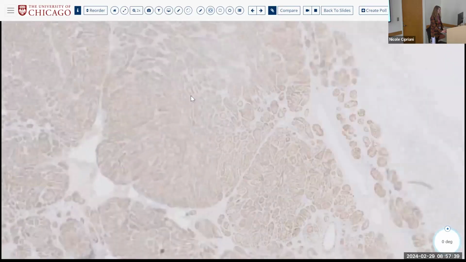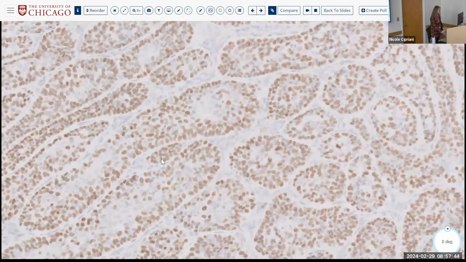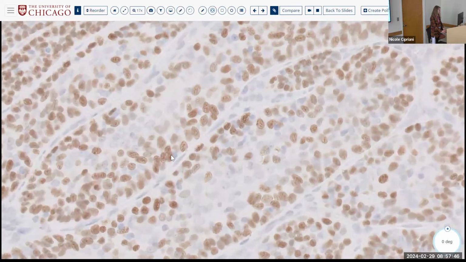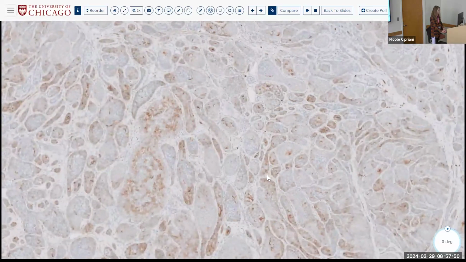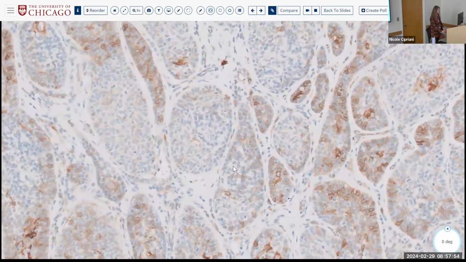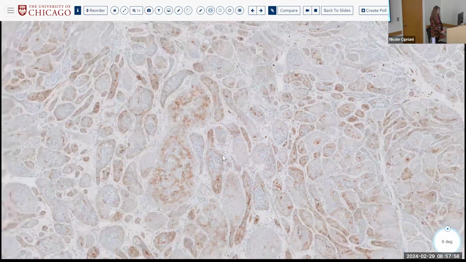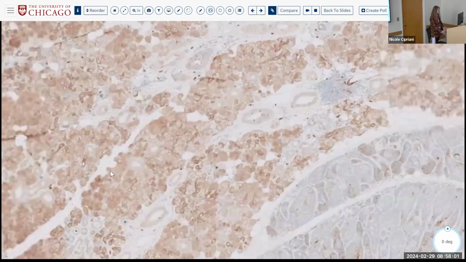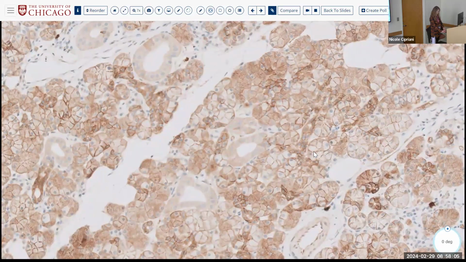Okay, and, yep, stains again. P40, P63. That must be C-kit, right? So a similar pattern. Don't forget that C-kit stains the membrane of your background cells.